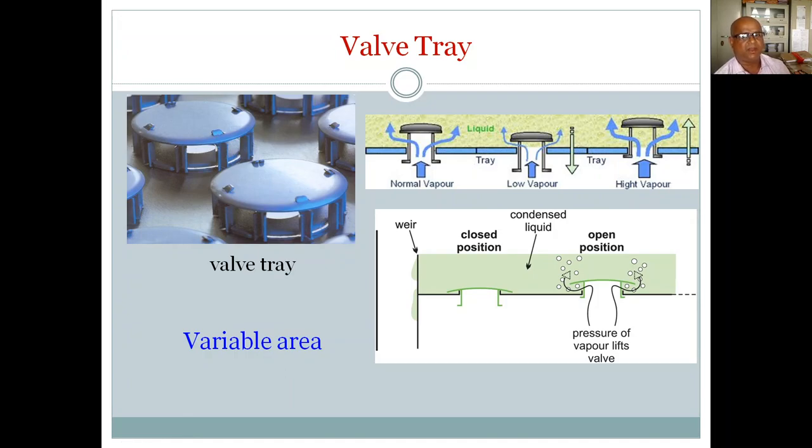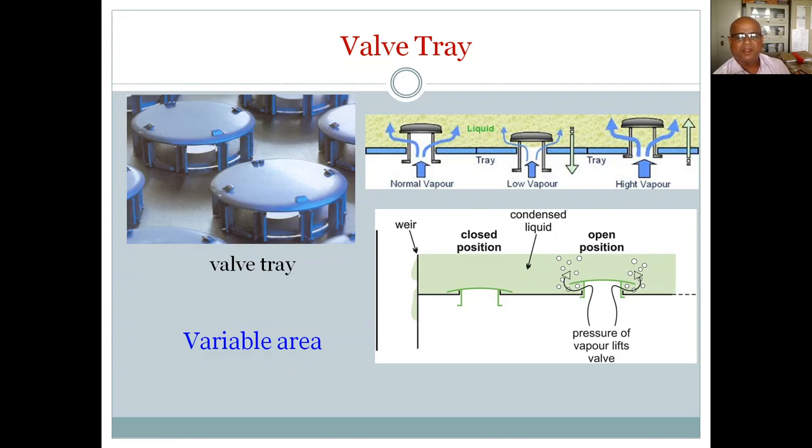So the valve is allowing a variable flow area, and when it reaches the maximum, no more area will be available. But up to this point, the flow area is variable.